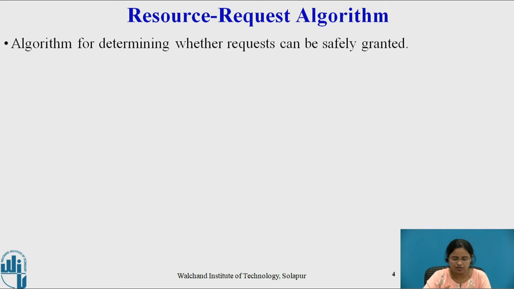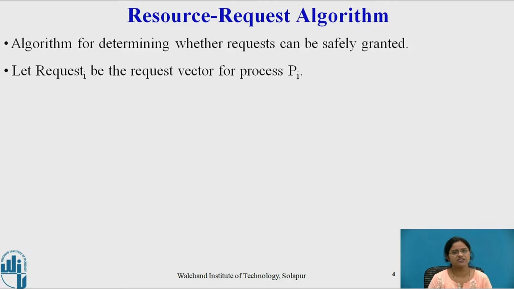Using the safety algorithm we can find whether the system is in a safe state or not, but after that we have to check whether the request made by the process can be safely granted. Let us consider Request i to be the request vector for process Pi.